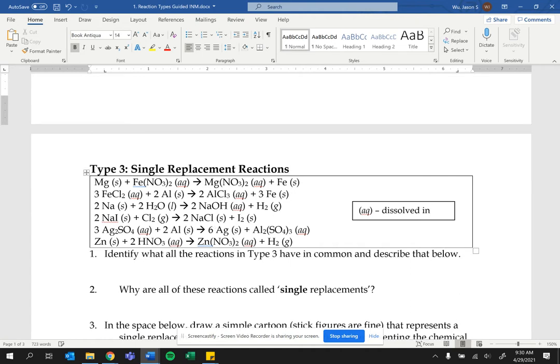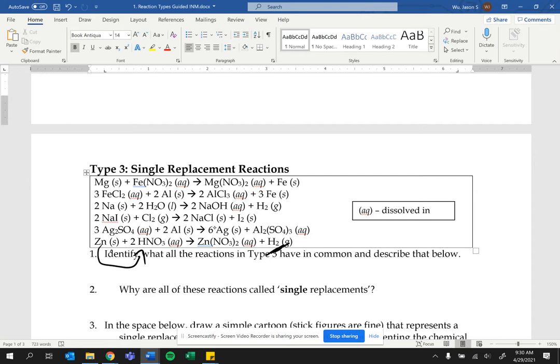It's when one thing bumps out another. That's why it's called single replacement. A single thing gets replaced. Or down at the bottom here, Zn replaces H and H gets bumped out. And although this is H2, it's not just H, this is still considered a single replacement reaction.